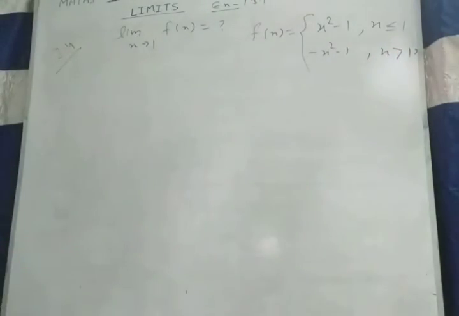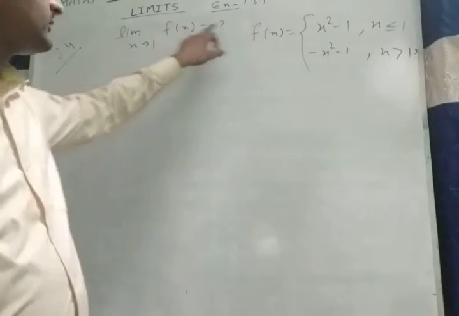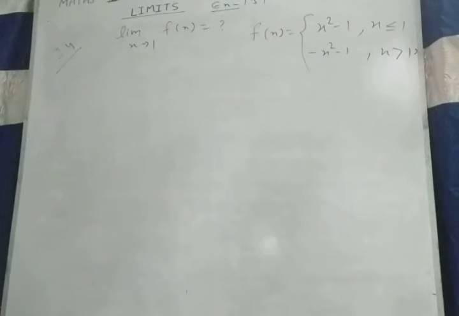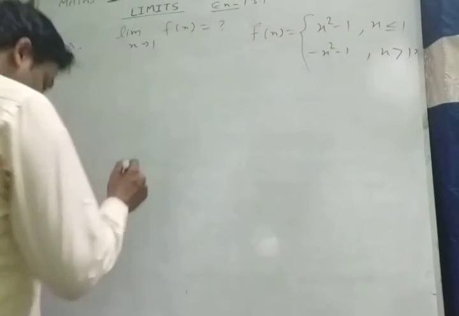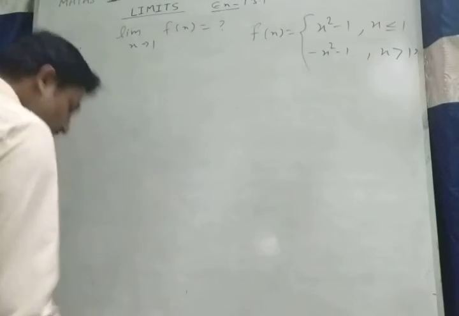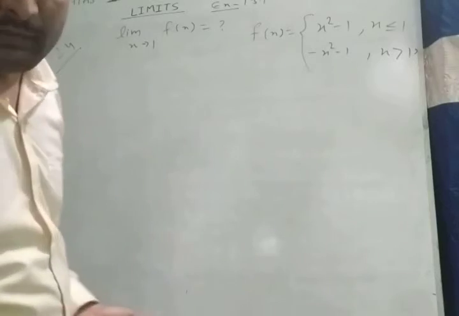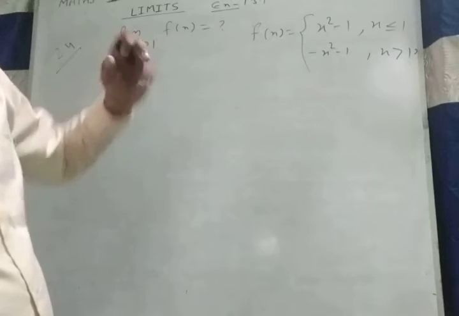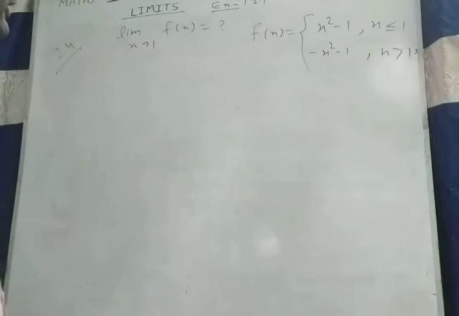Now again we have to find the value of this limit. What we will do? We will take the left hand limit. If the left hand limit and right hand limit are equal, then we can find the limit of this function. If not equal, then the limit does not exist.